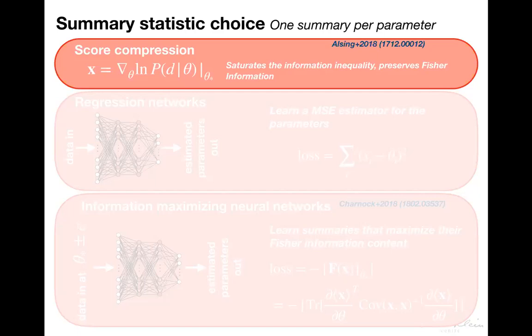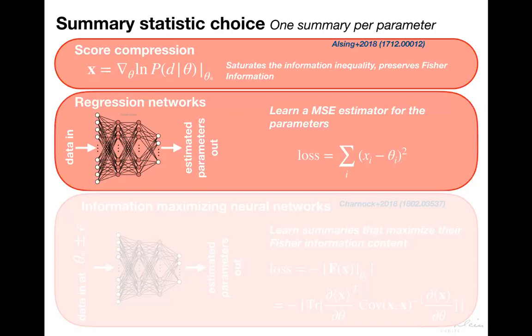Obviously, in the context of ABC, this is only useful in situations where you have an approximate likelihood model, which is not necessarily that common. But as a concept, it does provide a guiding hand for other approaches to doing automated summary statistic choice, as we'll see.